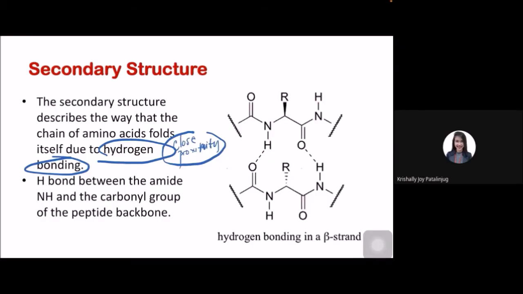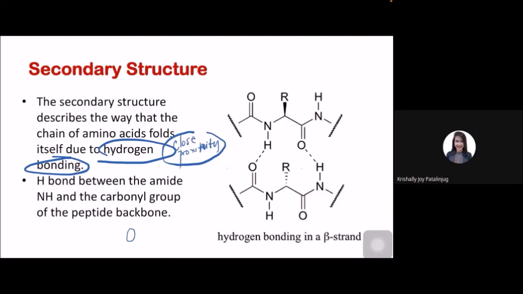I repeat, a hydrogen bond is produced between a hydrogen and an electronegative atom. The most common electronegative atom in amino acid structures would be oxygen. And you have learned in your basic chemistry that oxygen is an electronegative atom.